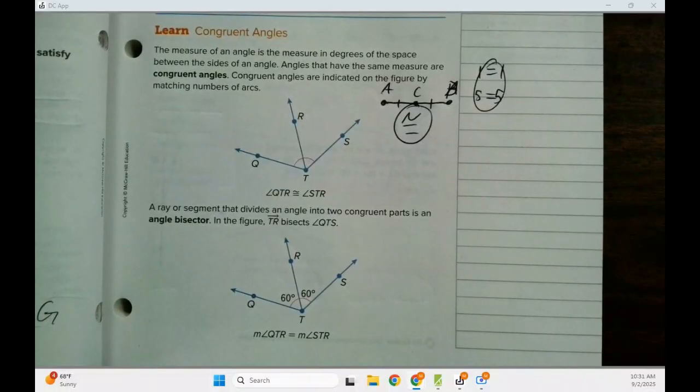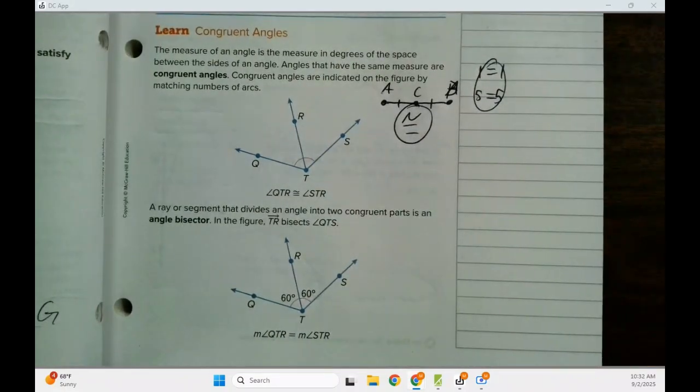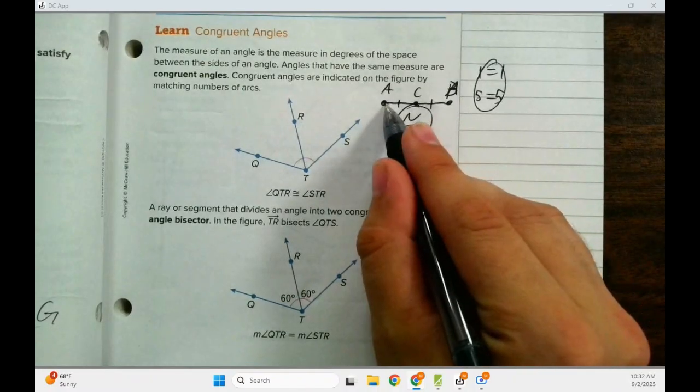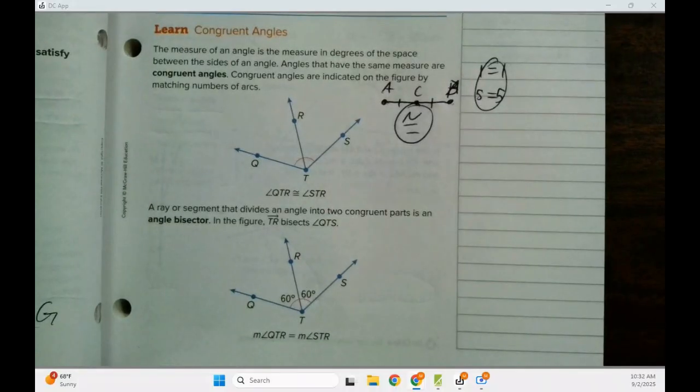When we're talking about shapes, we're going to use the congruent symbol because we're not talking about the exact same thing. What we're talking about is the length associated with those things. For example, A to C and C to B, are those the exact same thing as each other?